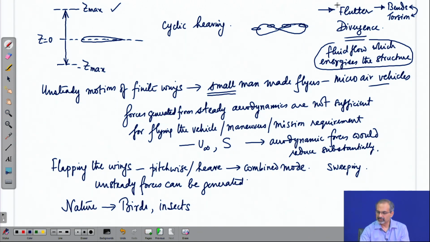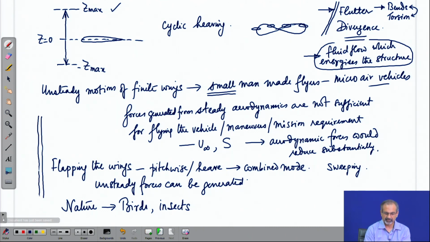So, these are phenomena where unsteady effects do surface, but they are unintended and detrimental for the structure, while the flapping on the wings in miniaturized flying vehicles, man-made flying vehicles, or as they appear in nature when birds and insects flap their wings and fly through the air, are intended unsteady effects.